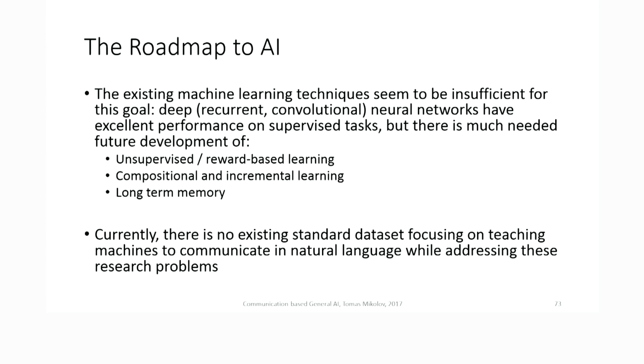So existing machine learning techniques do not seem to be sufficient for achieving this goal on their own, because we want to be able to deal with unsupervised learning or slightly reward-based learning, where you have a small number of rewards only available, and maybe just as part of the linguistic channel that even the machine needs to be able to associate with its own internal rewards.